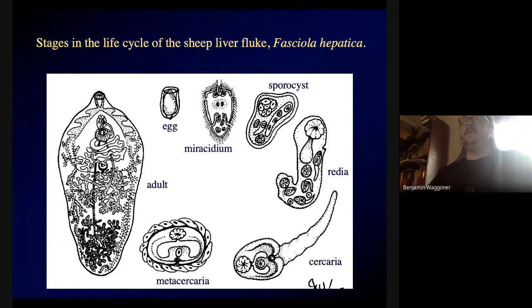And once the sheep has done that, they will transform into an adult, crawl into the sheep's bile duct, and they can self-fertilize, I think, but if there's two present, they will copulate, make lots of eggs, and round goes the great circle of life.